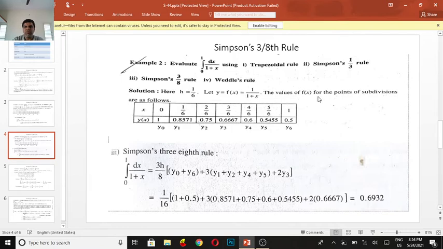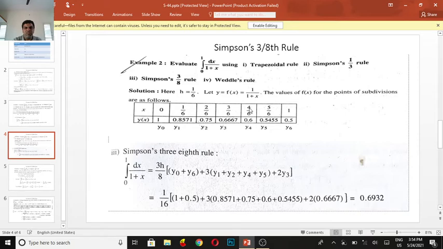The values of f of x for the points of the subdivisions are: if x is 0, f of x is 1. If x is 1 by 6, f of x is 0.8571. If x is 2 by 6, f of x is 0.75. If x is 3 by 6, f of x is 0.6667.